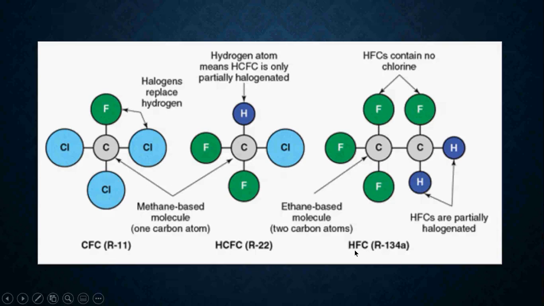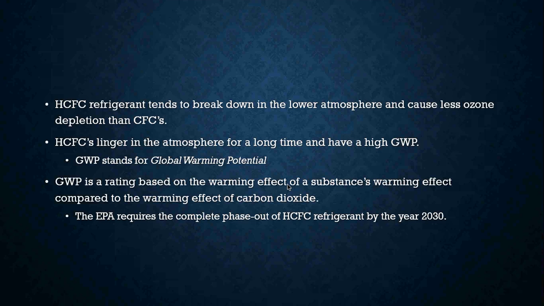With the HFCs, you'll see that they are now starting to take away that chlorine atom. HCFC refrigerant tends to break down in the lower atmosphere and causes less ozone depletion than your CFCs.